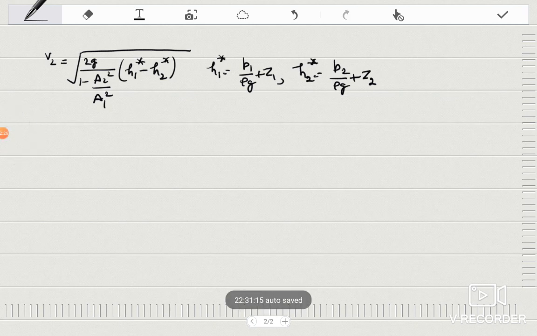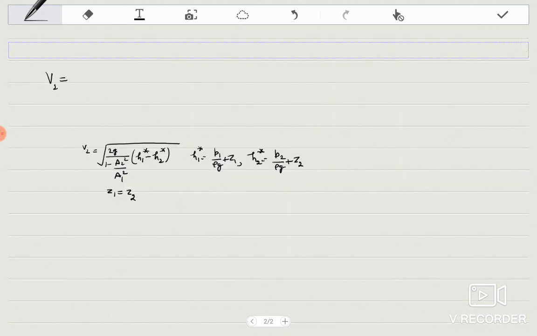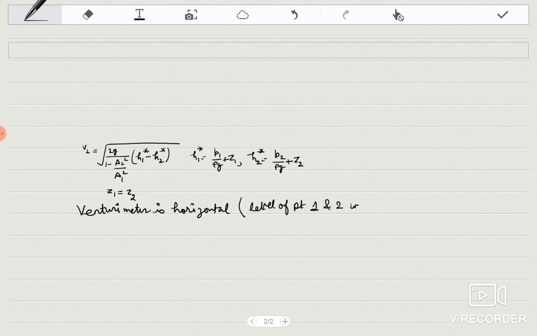Now suppose Z1 is equal to Z2. It will happen when you take your Venturi meter to be flat, horizontal, because in that case the level of points 1 and 2 will be the same.